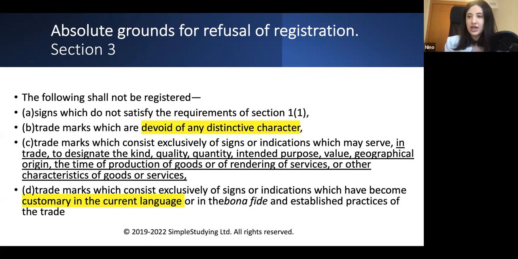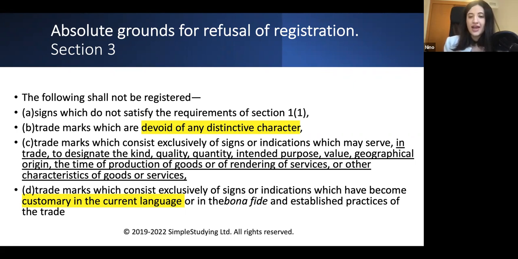So it has to have distinguishable character. It cannot simply be explaining the kind, quality, quantity, the purpose. Has to be something different that is not purely just the description of geographical origin or what the product is doing.